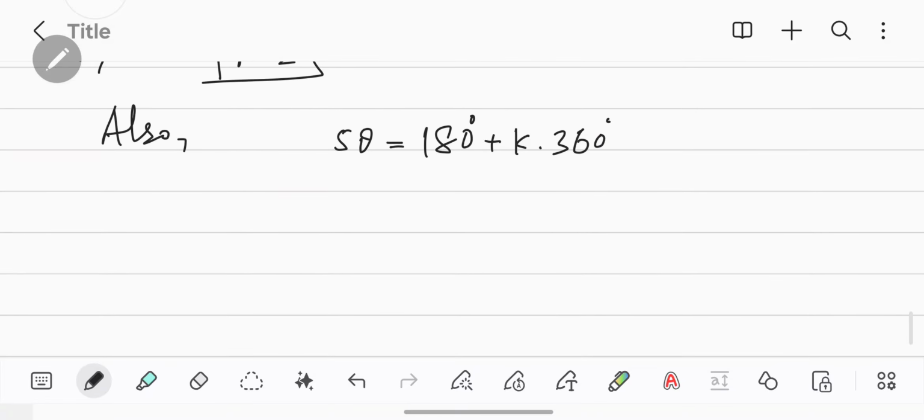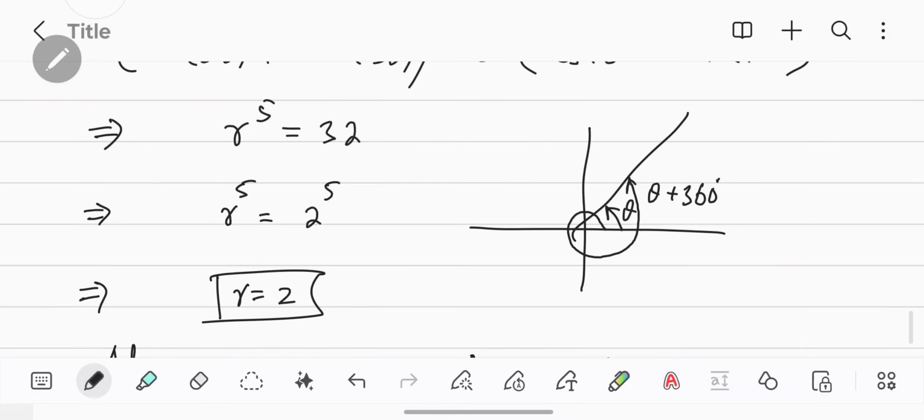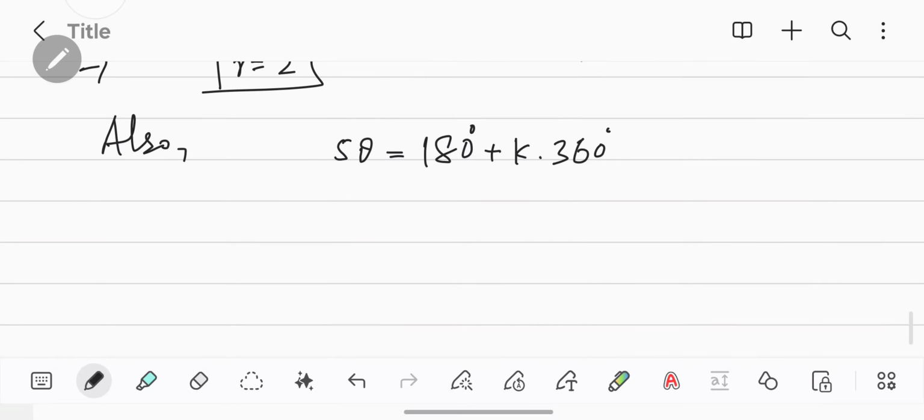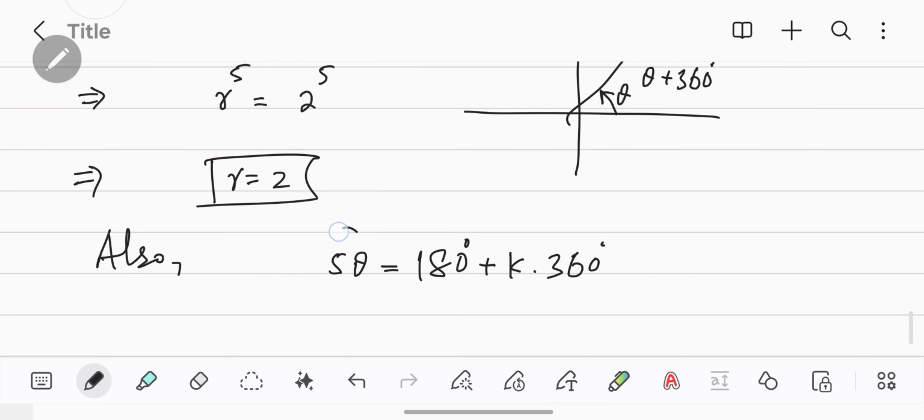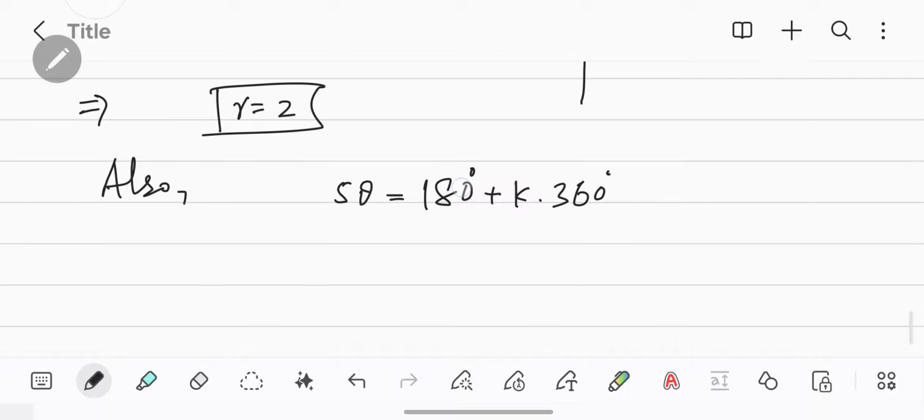We don't know which angle is here, so in order to cover all of the possibilities, we have written 5 theta equals 180 plus k times 360 degrees. Any multiple of 360 degrees will make no difference.